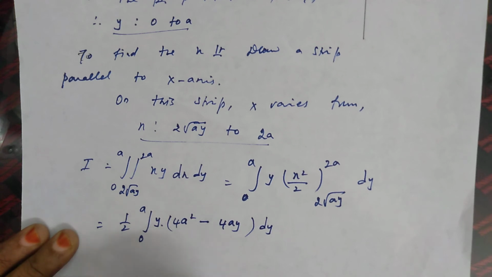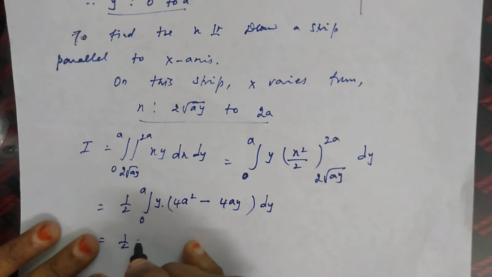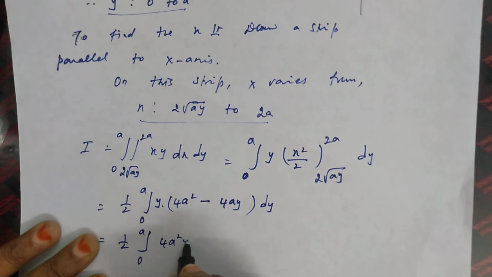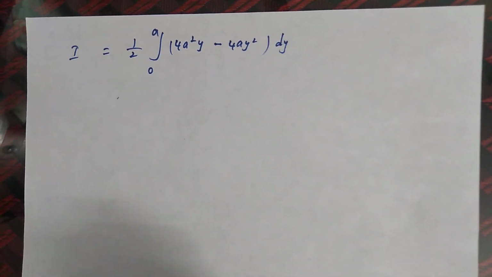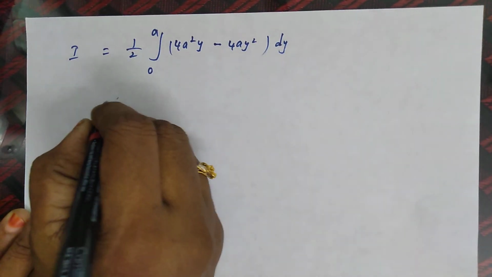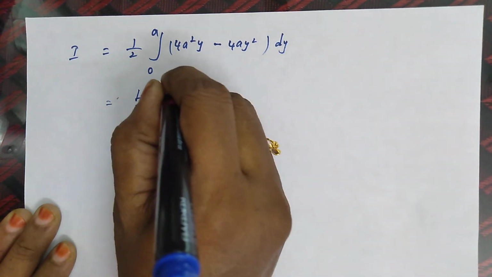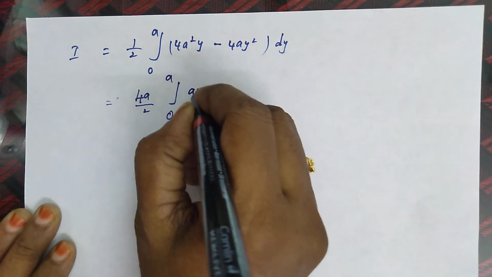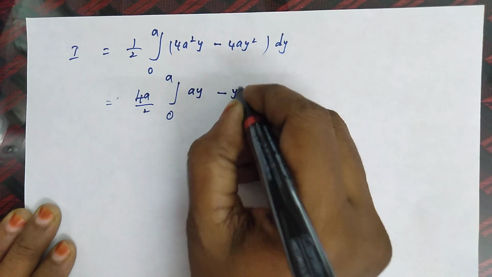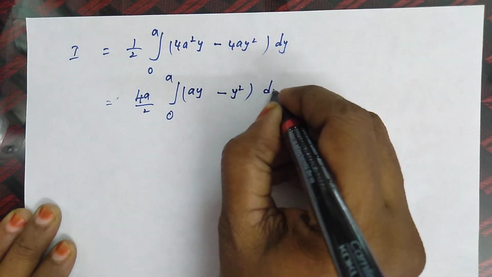So here also we have 1 by 2, integral 0 to a, 4a square y minus 4ay square into dy. Now we can take the 4a outside commonly: 4a by 2, integral 0 to a, of ay minus y square into dy.